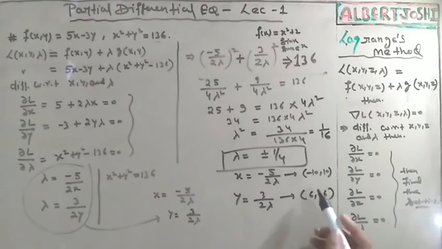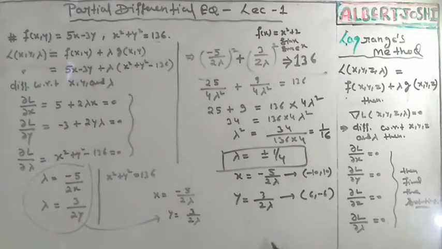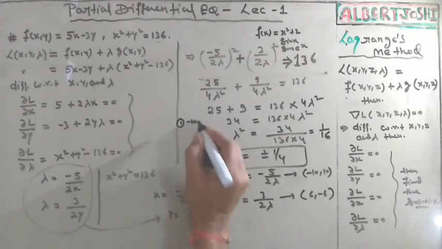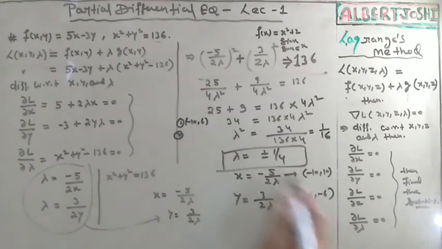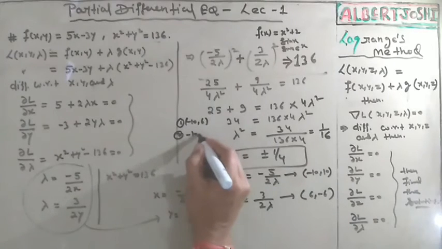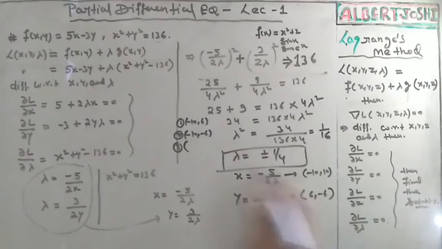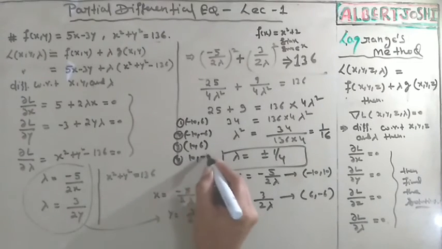So you have four values: minus 10, 10, 6, minus 6. Put different values, then you will get different outputs. The first value is minus 10 and 6, the second value is minus 10 and minus 6, the third value is 10 and 6, and the fourth is 10 and minus 6.